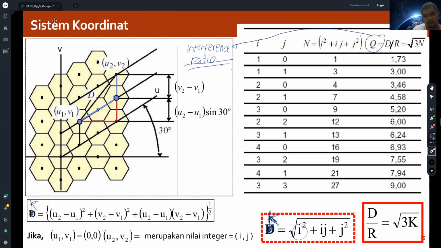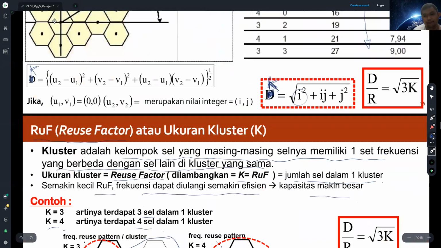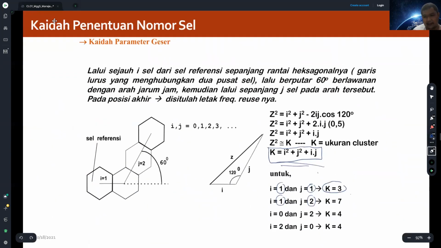So if we have a higher value of Q, the number of K will also be higher, which means that the interference coming from another tower will be much less. So the relationship between Q and the interference power is opposite of each other. Okay.